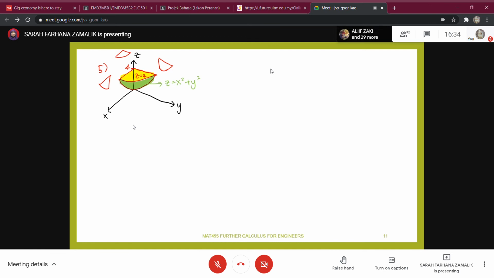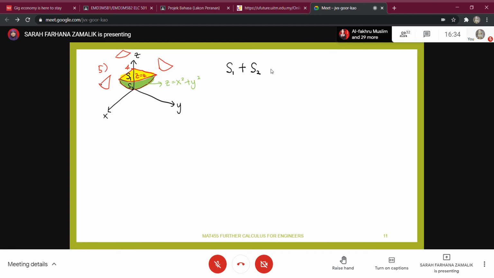Sebab kita ada 2 equation kan kat sini, so awak tak tahu yang mana. Actually both are correct, dua-dua surface dia. Maksudnya ada surface S1, surface S2. So S1 ini, S2 ini. Okay. Maksudnya nanti kena cari 1 untuk surface S1 plus 1 untuk surface S2.